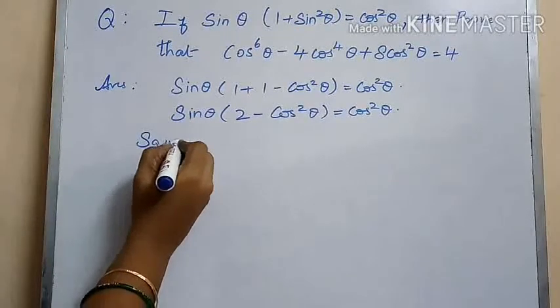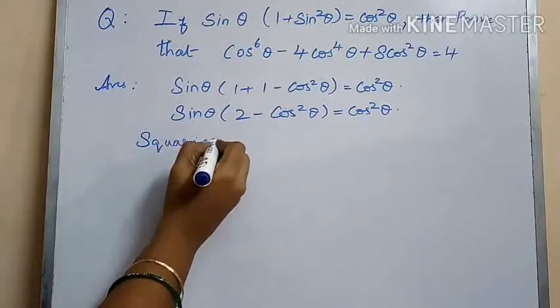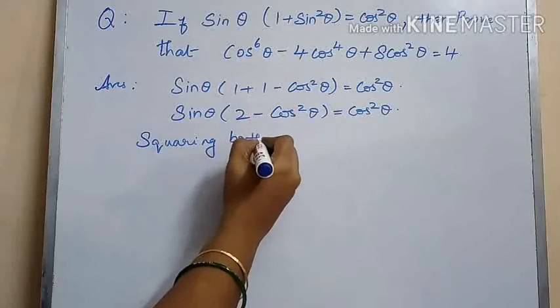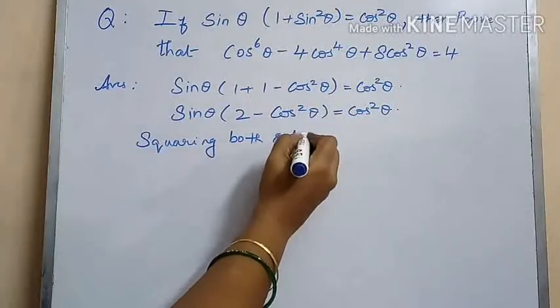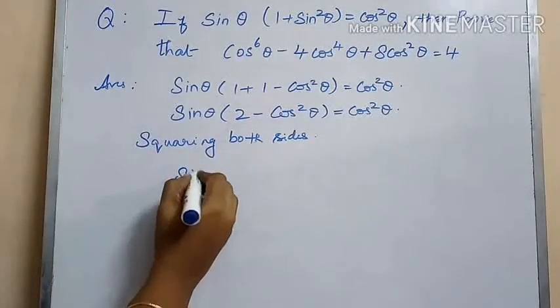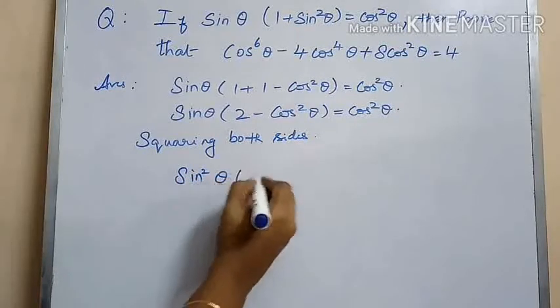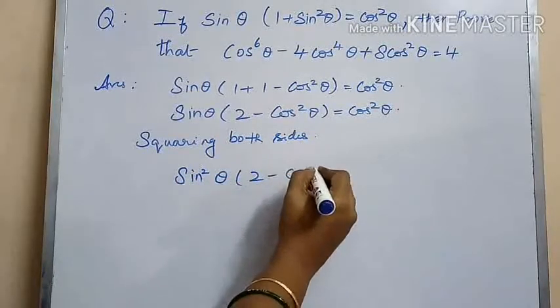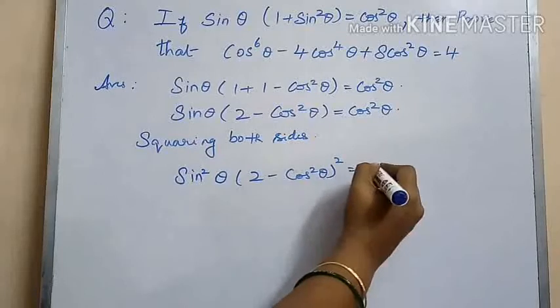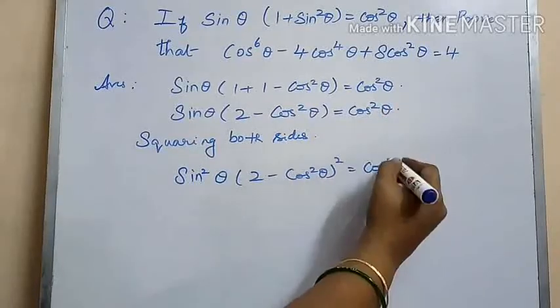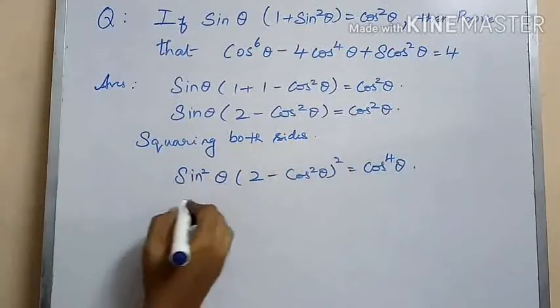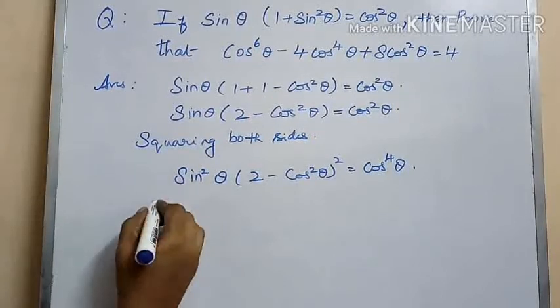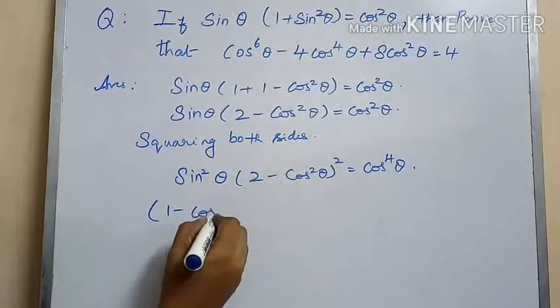Now let us square this equation on both sides. We get sin squared theta into 2 minus cos squared theta the whole square is equal to cos to the power of 4 theta. Now we can substitute sin squared as 1 minus cos squared again.